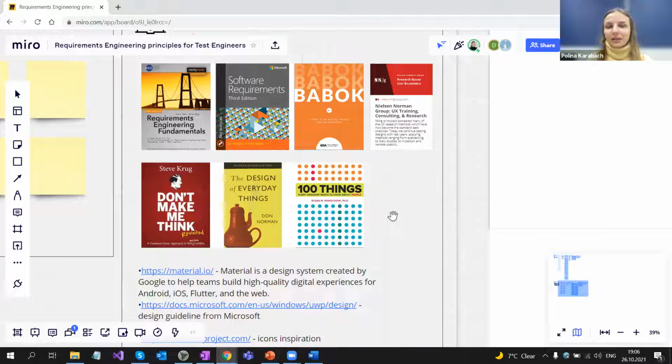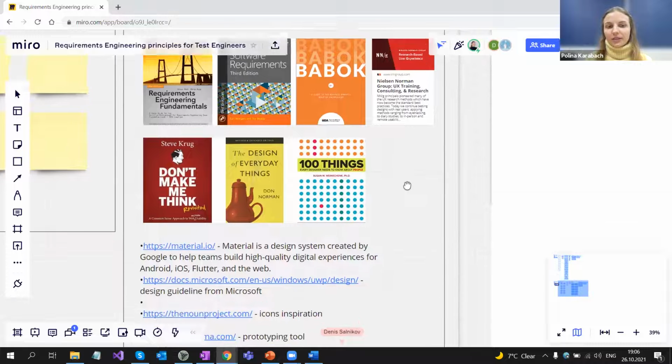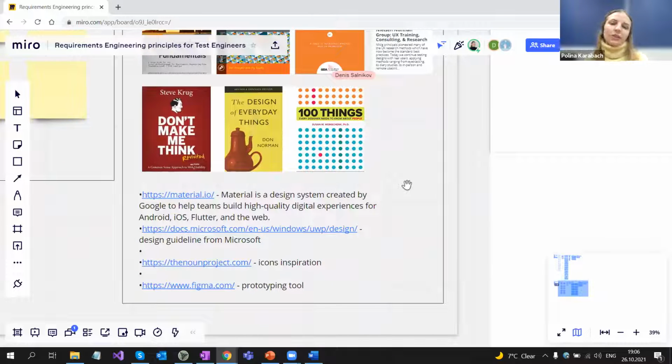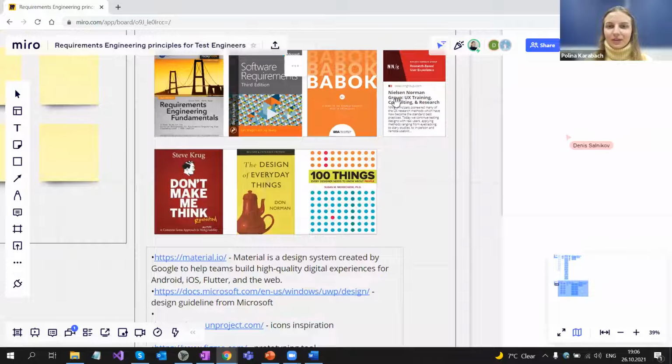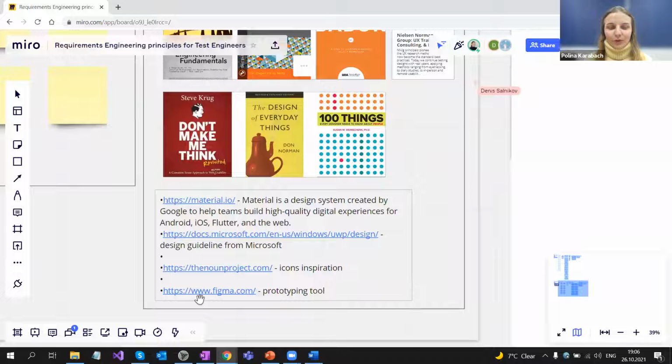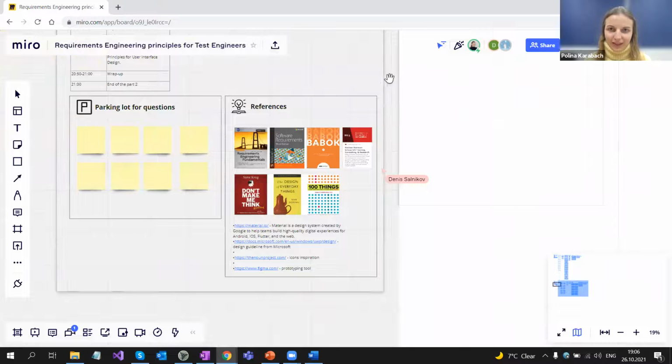And this knowledge is actually useful for any role, including test engineers, because by understanding usability principles, every team member can contribute to the product by providing some suggestions, by asking the right questions about how our system works, etc. So you can find here, this is a very nice resource, Nielsen Norman Group, and there is a couple of just links to the conventions, icons, and prototype, one of the prototyping tools.